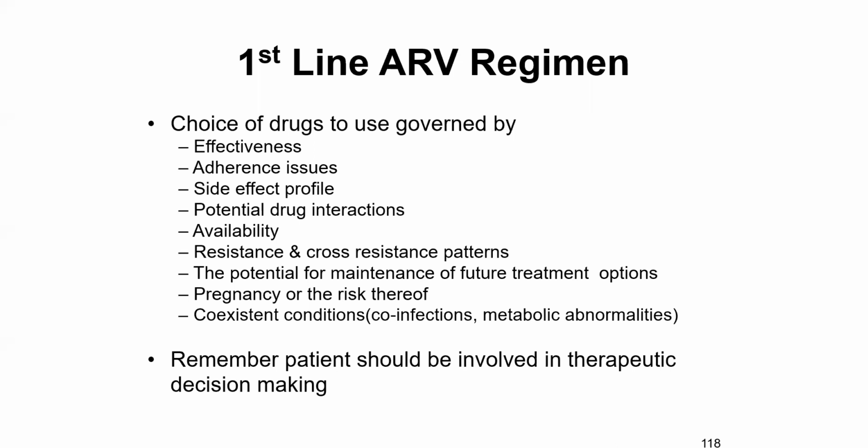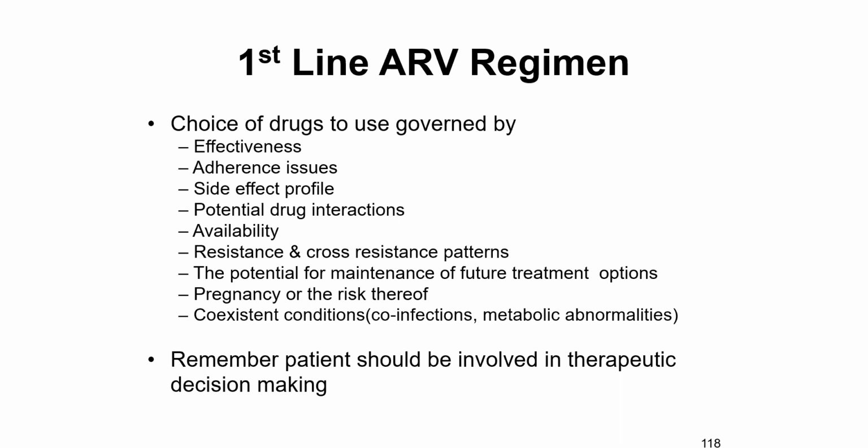We look into potential drug interactions, if they are getting other drugs which might interact and reduce the levels of the drugs. Issues of availability and cost of resources, issues of resistance, issues of pregnancy, other coexisting conditions or metabolic conditions, because there's a lot of interaction between some of these issues.